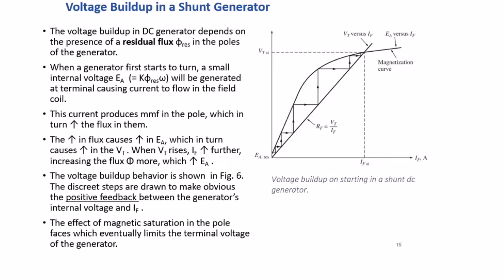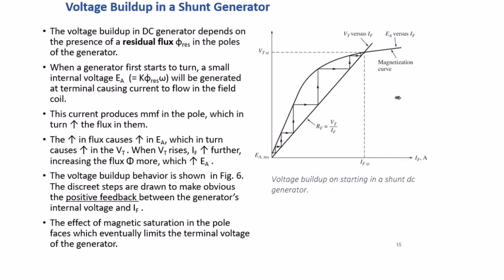Yeah? So even if there is no voltage present, because the poles have been magnetized, there is some remaining flux in the system, and this flux is called the residual flux. The residual flux is not significant, it's quite small, however it's enough to allow us to generate the initial internal generated voltage when the motor or the generator starts rotating.